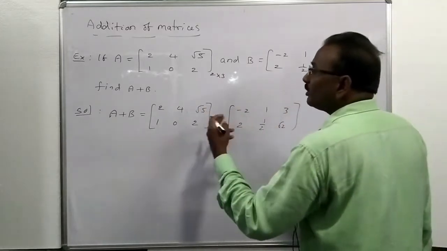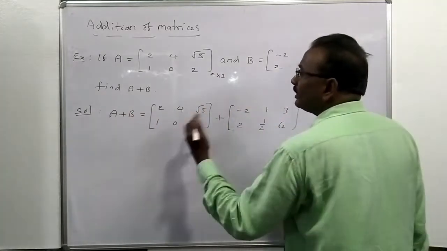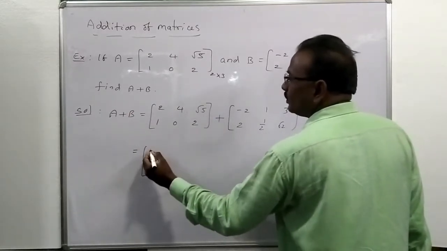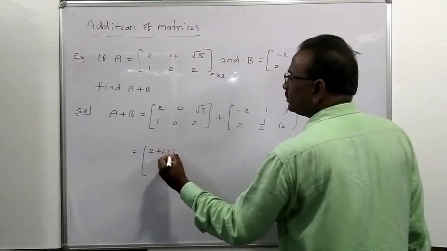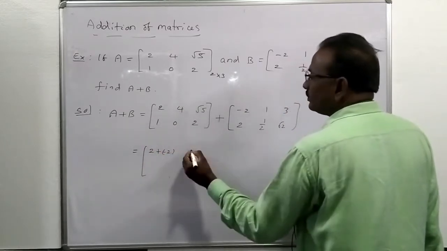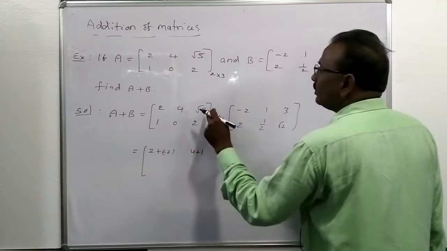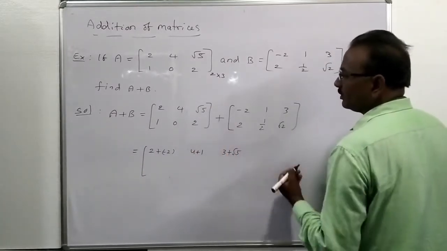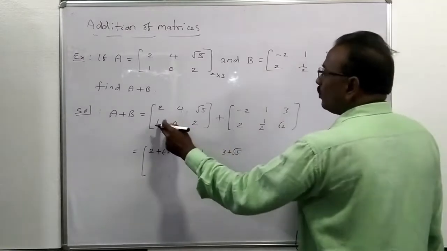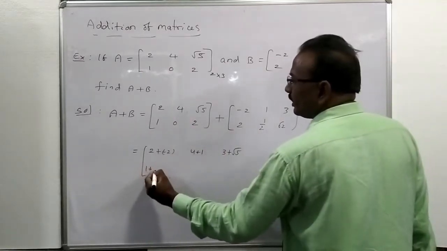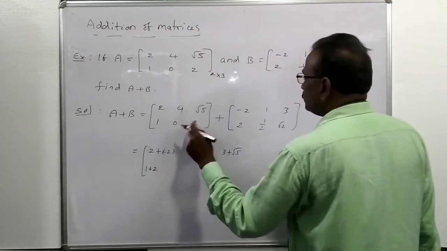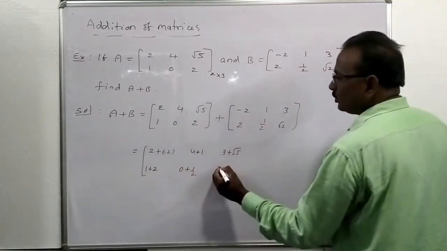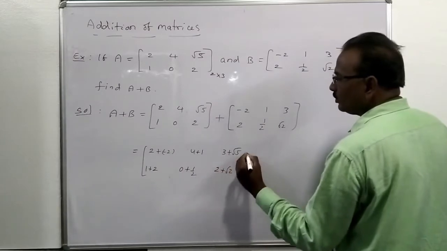Adding the corresponding elements of matrix A and matrix B, so that is 2 plus minus 2, 4 plus 1, root 5 plus 3, that is 3 plus root 5, second row, 1 plus 2, 0 plus 1 by 2, 2 plus root 2.